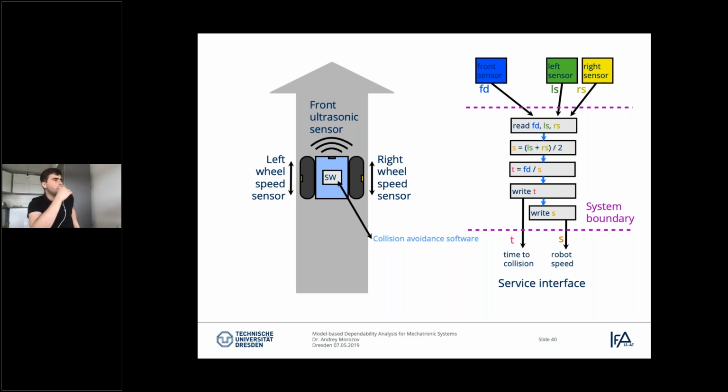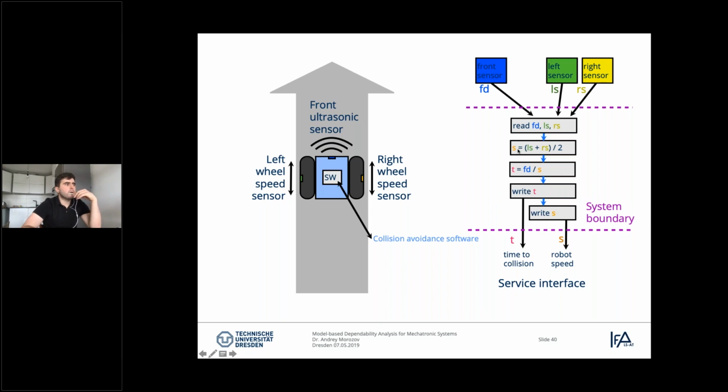This is a mobile robot, and we are looking at it from above. It has an ultrasonic sensor in front to detect obstacles and to perform some avoidance. It has sensors in the left and right wheels to calculate the speed. And then we have a software system that reads the front sensor, reads the speeds from the left and right wheel, and it provides two services.